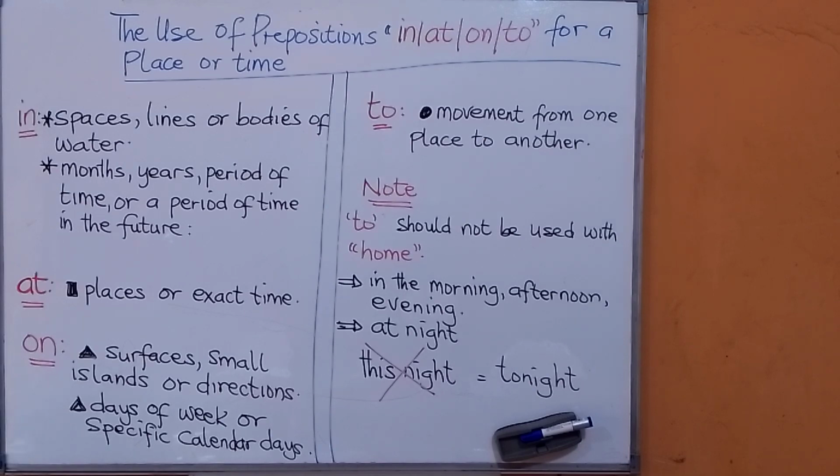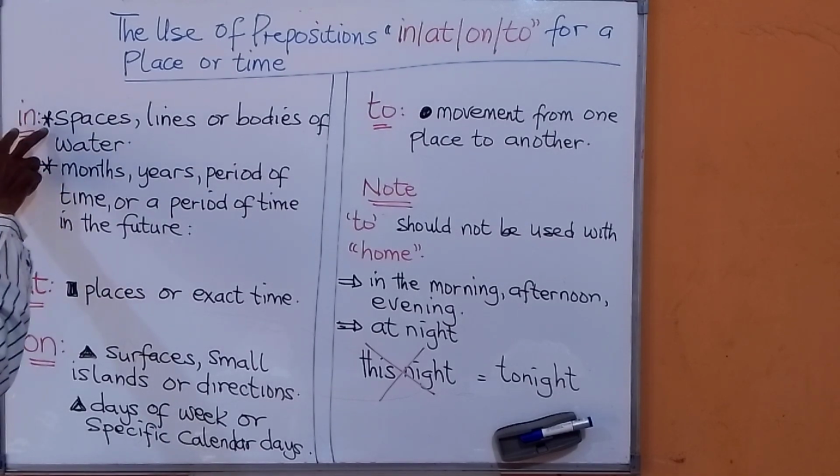He left here in the year 2030. He is coming in 2014. I will see him in a few weeks' time. In the 30s, we used to do that. He was born in 2015. I will see him in a couple of days' time. That's where you use the preposition in.